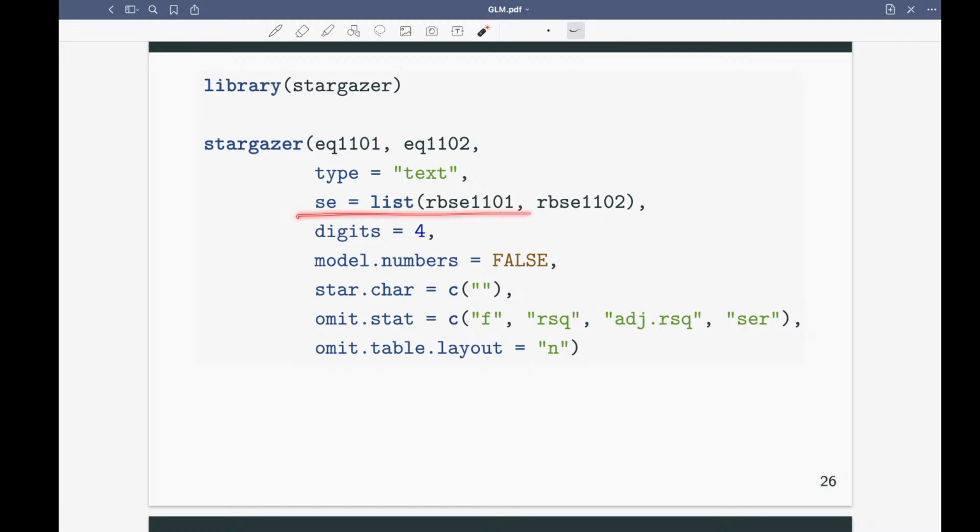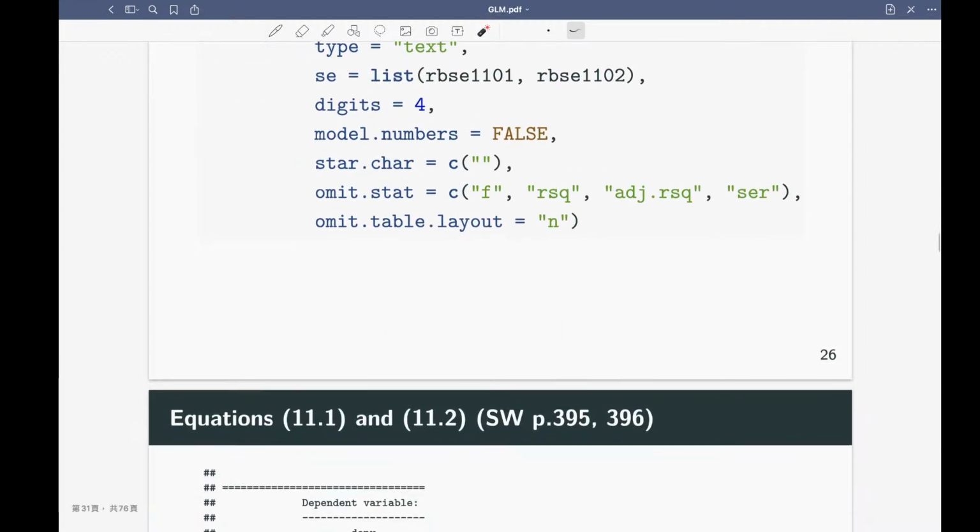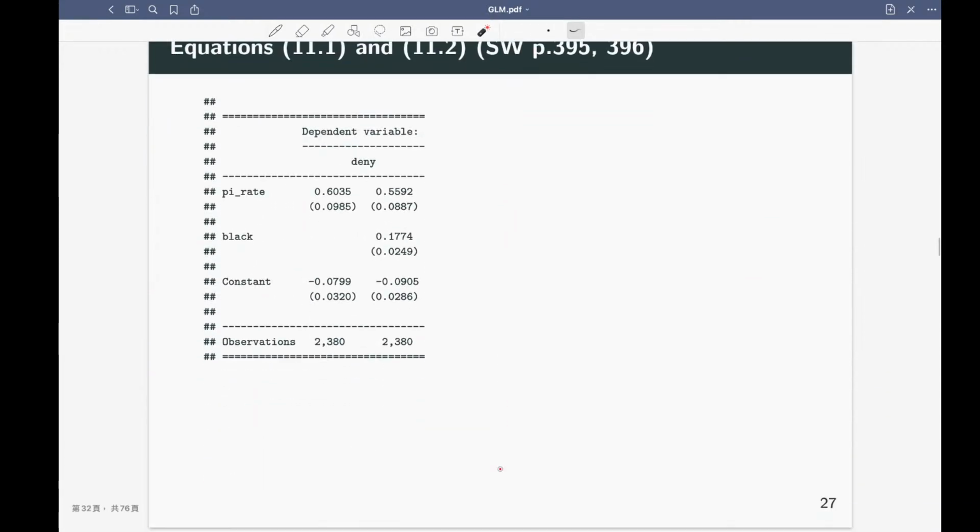We change the standard error here, and we delete the F statistic, R-squared, adjusted R-squared, and SER, because in the linear probability model these statistics are not important. You cannot use them, so we delete them from the output table.